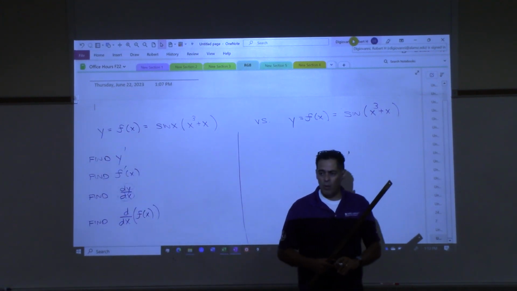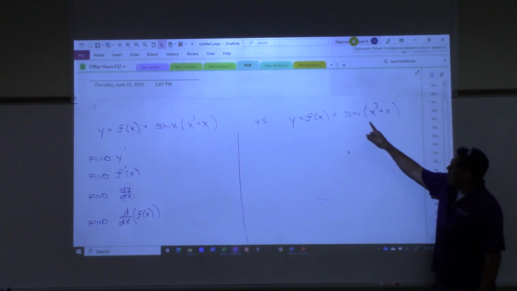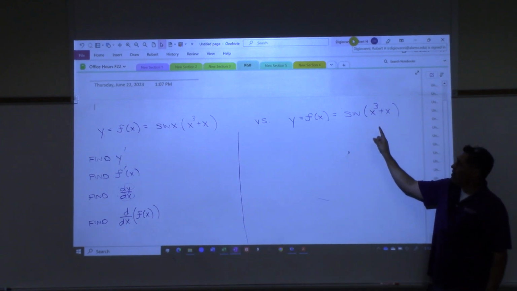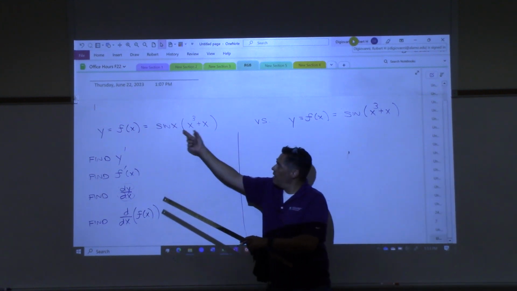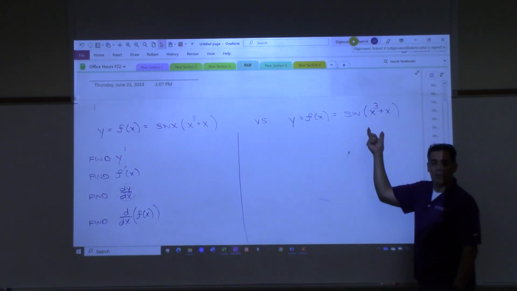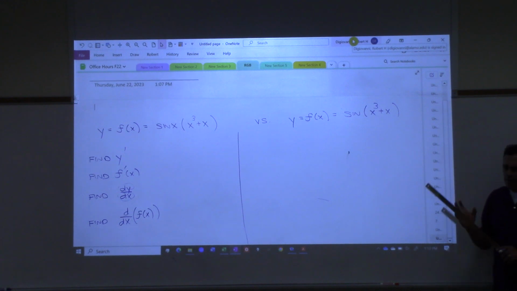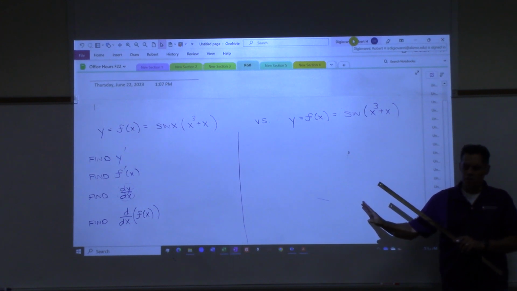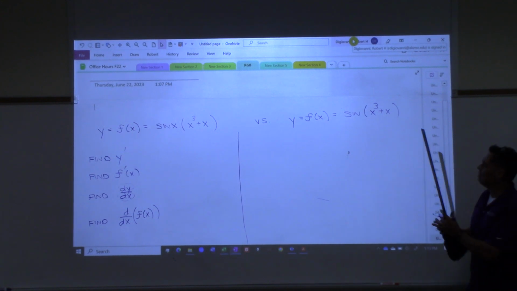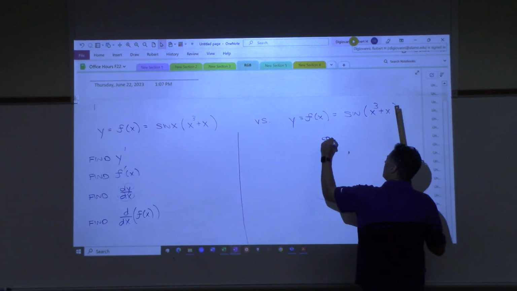What do we call it when you have a function that is being plugged into another function? Not multiplied; that's multiplication, this times this. But this is, what do we call it, when you have a function and you plug it into another function? You remember college algebra? No? Composition. This is composition.